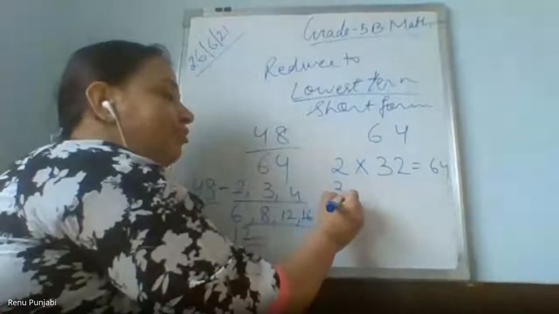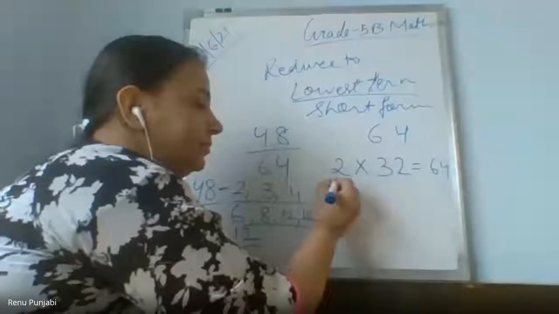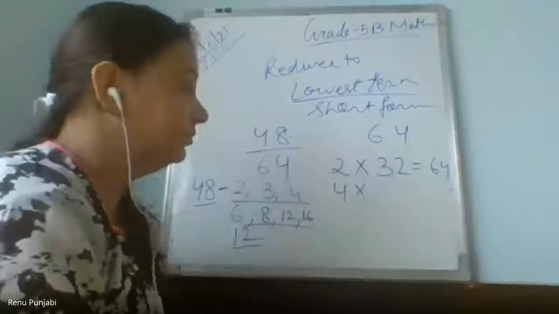Riddhan, is 64 divisible by 2? Yes, ma'am. How many times? 32. 32 times 2 is 64. Is 64 divisible by 3? No. Is 64 divisible by 4? Yes. How many times? 16.